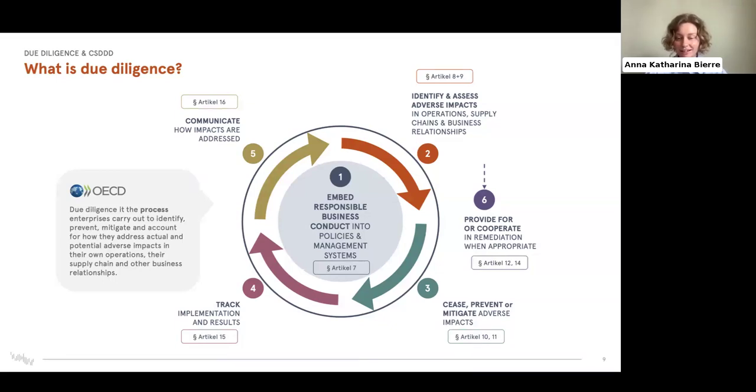And here it's very nice because this architecture has been incorporated into the CSDDD, the actual directive itself, with corresponding articles that you can also see highlighted here on the slide. And in the same way, when we have built our services, we are also following this structure.